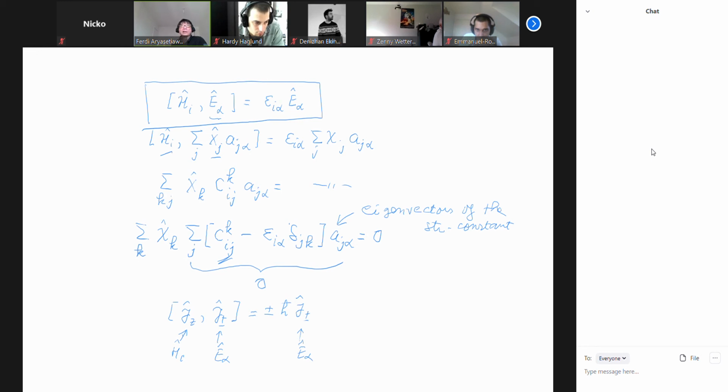So this is a more abstract form of eigenvalue problem, where you have a commutator instead of the usual operation on a state.